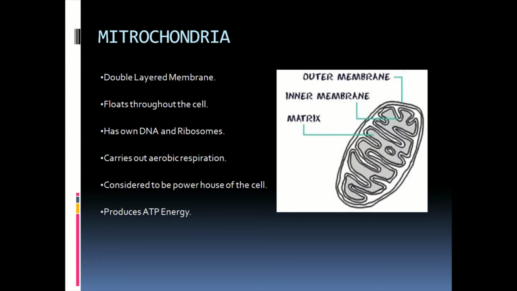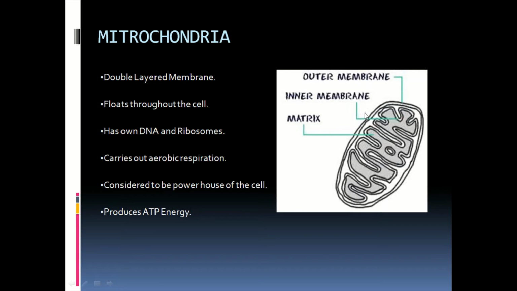Now coming to the second organelle, mitochondria. We can see here a single one, which is known as a mitochondrion. When there are a number of mitochondrion, they are named mitochondria. As we can see, it is a double layered membrane, with an inner membrane and an outer membrane.